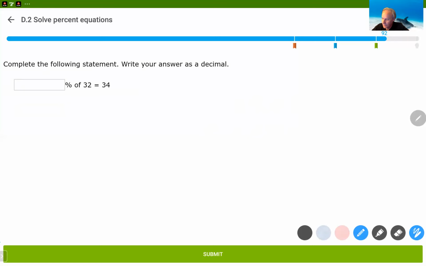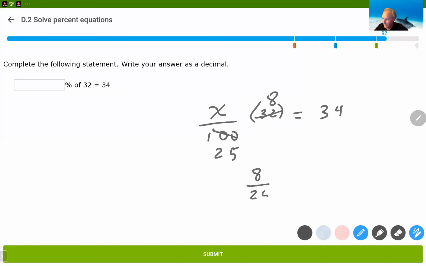X% of 32 equals 34. So we could simplify this by dividing by 8, like this, divide by 4, 25, and 8, and then multiply both sides by the reciprocal. This is really 8 over 25, x is equal to 34. And I'm going to multiply by the reciprocal on both sides.